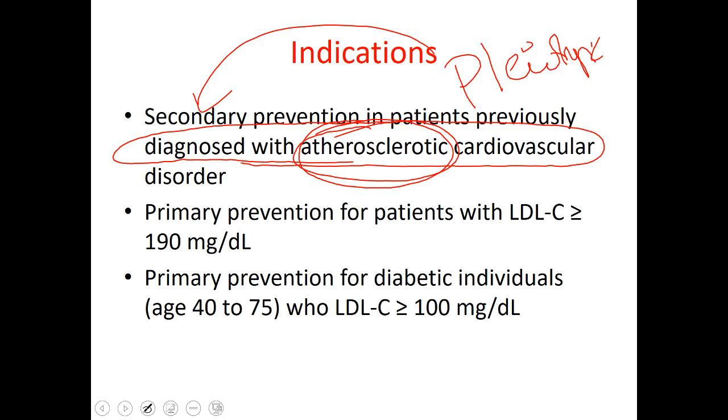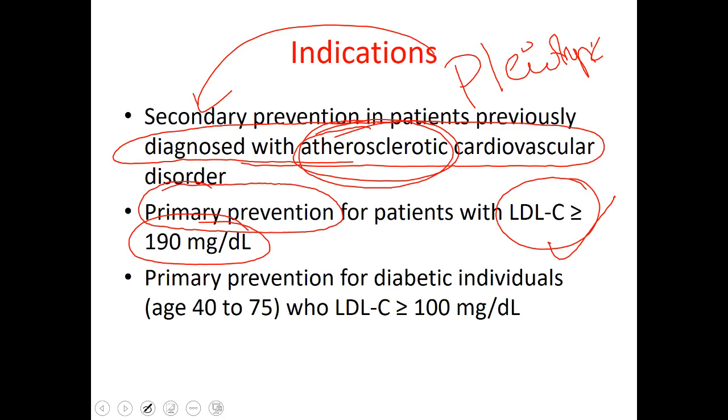But if you have an asymptomatic patient and he does a routine checkup and then his LDL is beyond 190 milligrams percentage, then again statins are indicated. But here the patient does not have any problem.